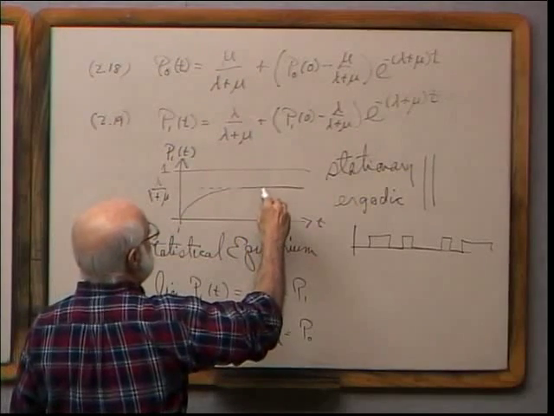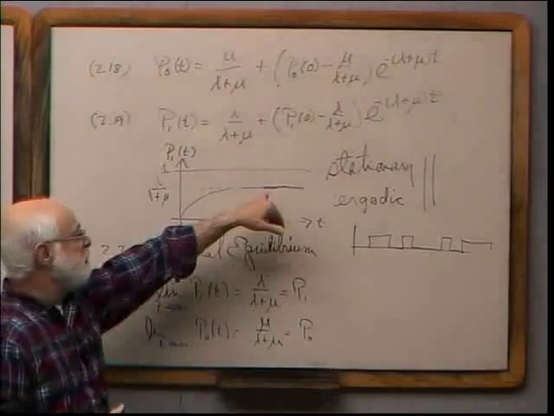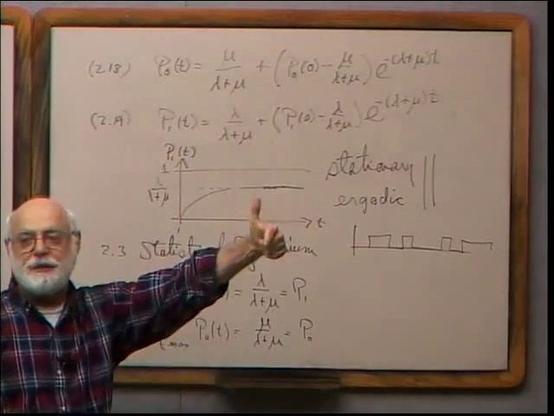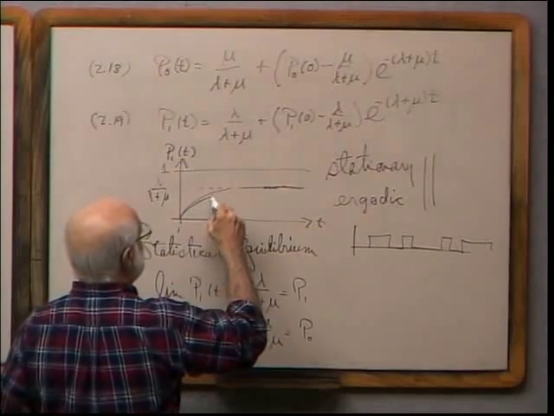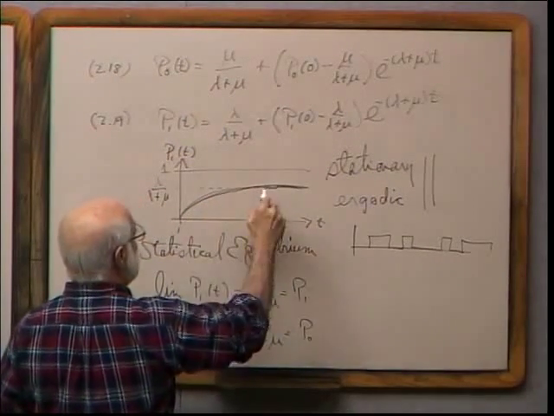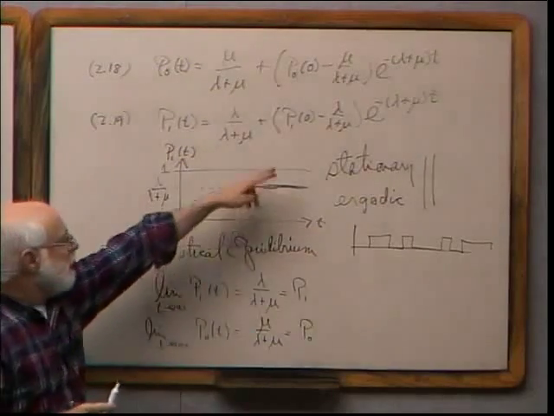Mathematically, maybe that's possible, but from a physical point of view, why should probabilities oscillate? So if the probability is going to be asymptotic to a constant, approach some kind of limit without oscillating, that means that in the limit, the derivative, which is the slope, must go to 0.